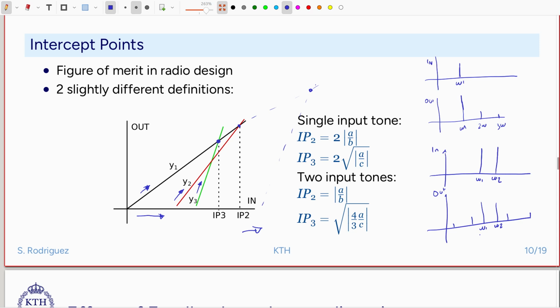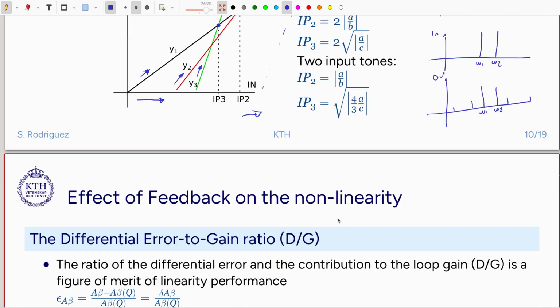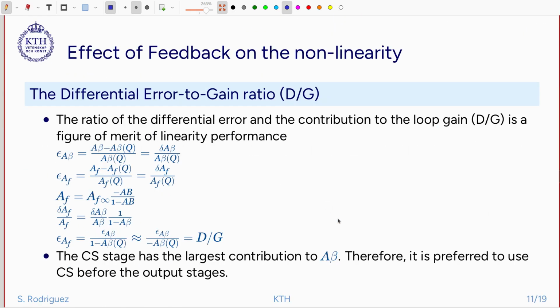We can do the same calculations, and for the second order intermodulation we have different equations that relate exactly where the intercept points are located. So those figures of merit can be very important, and can be specifications for our design.